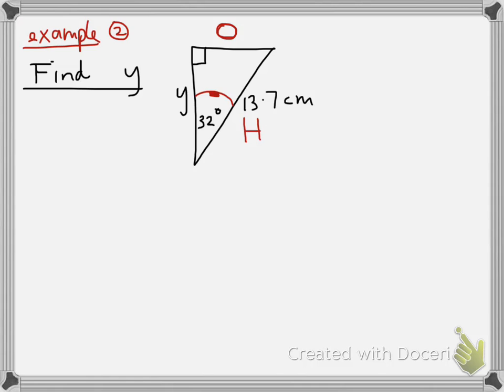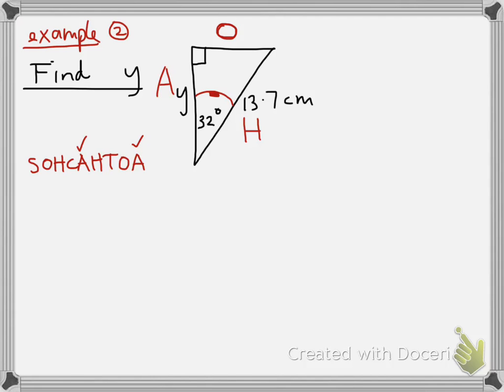The hypotenuse is our 13.7, which means y is the adjacent side. So if we write down SOHCAHTOA, let's put a tick next to what we know. We know the adjacent side is what we want to find, that's the value up here of y. So we tick adjacent here, and we also need to tick it over here.